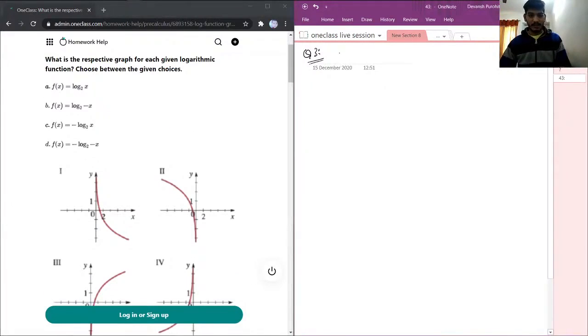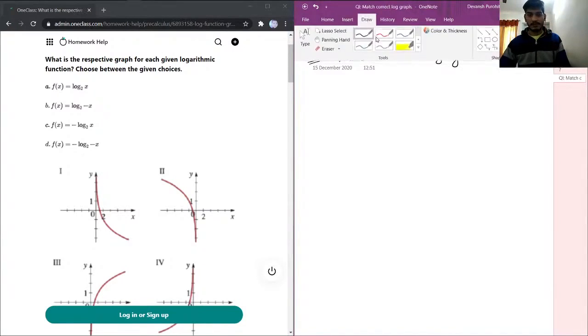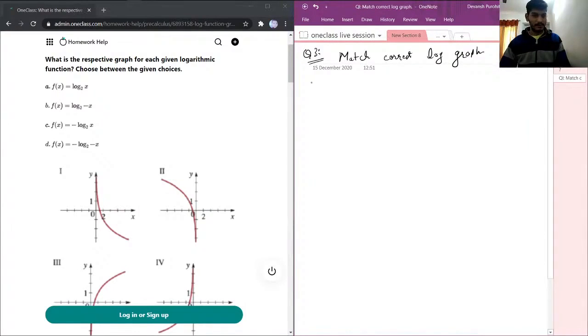I'll just write this as match correct. Red pen.